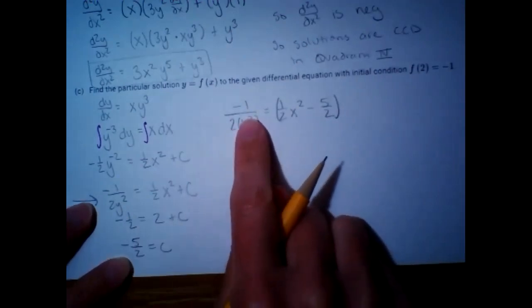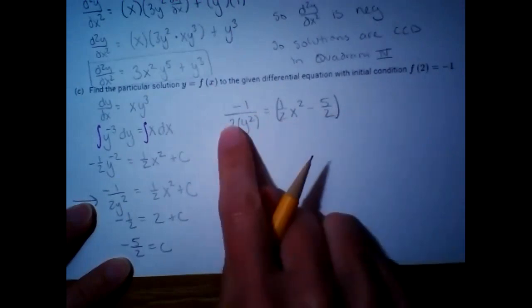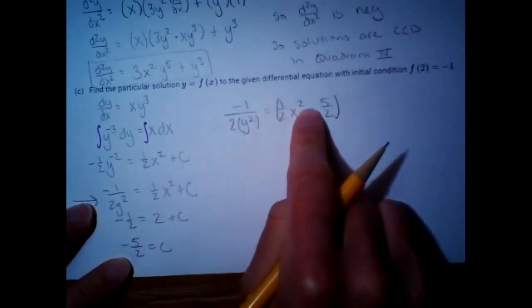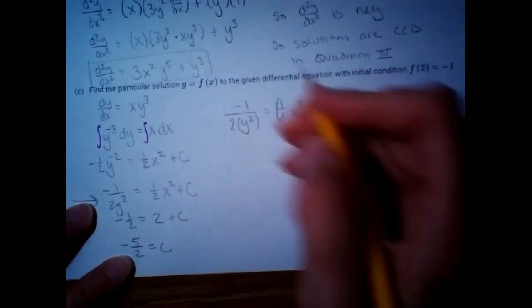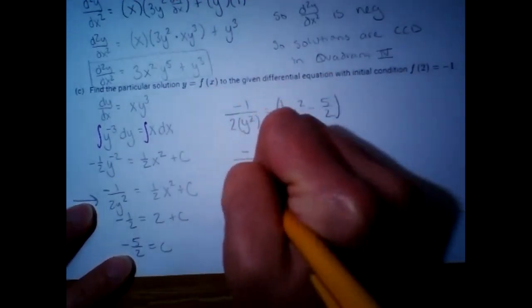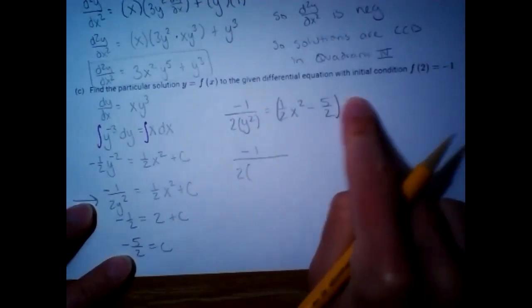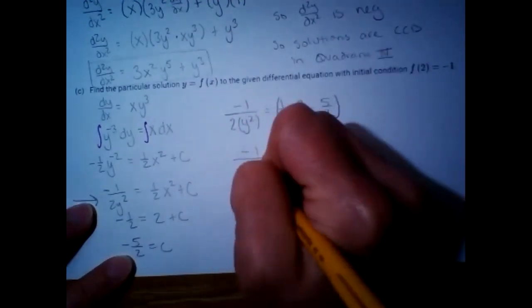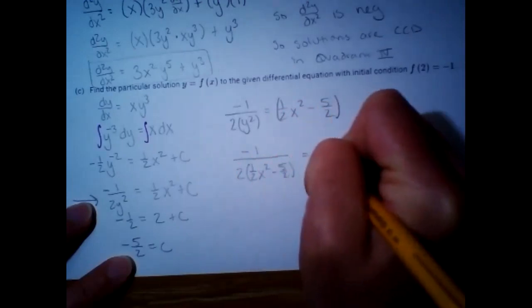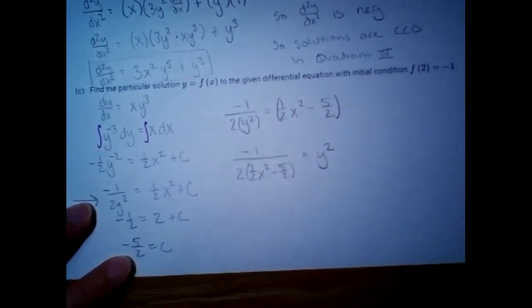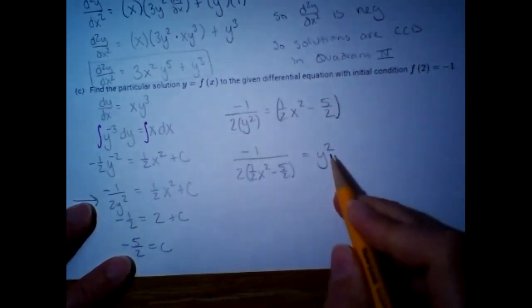All right, this y squared is going to get multiplied over, and then this 1/2 x squared minus 5/2 is going to get divided over. So these two things I have in parentheses are just going to switch places. So again, the y squared gets multiplied over, this quantity gets divided over. And then your last step is to square root.